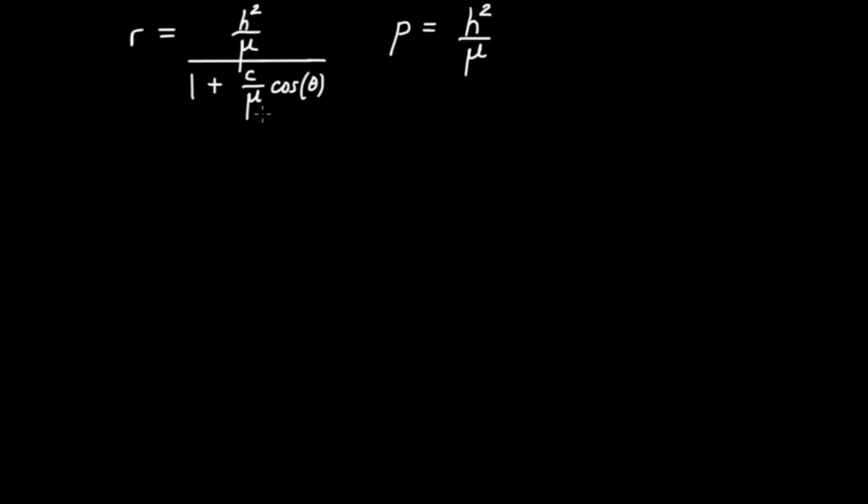And the more important quantity, this ratio of C to mu, I'm going to call E. The quantity P is a parameter of a conic section called the semilatus rectum. And the quantity E is called the eccentricity.